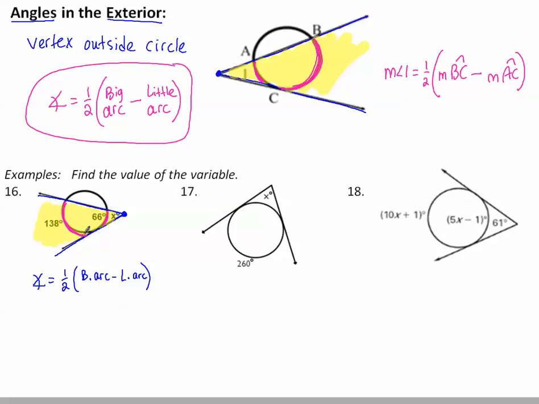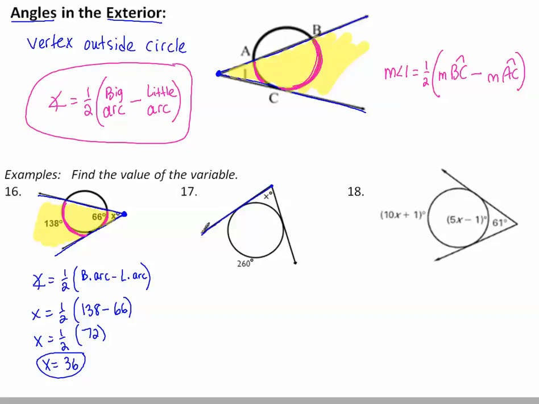The farther one will come first because it's bigger. X is the angle. The big arc is 138. The little arc is 66. This time X is already by itself, so all we have to do is compute and then take half. There. Basically, it's just a fill in the blank game and then solve.